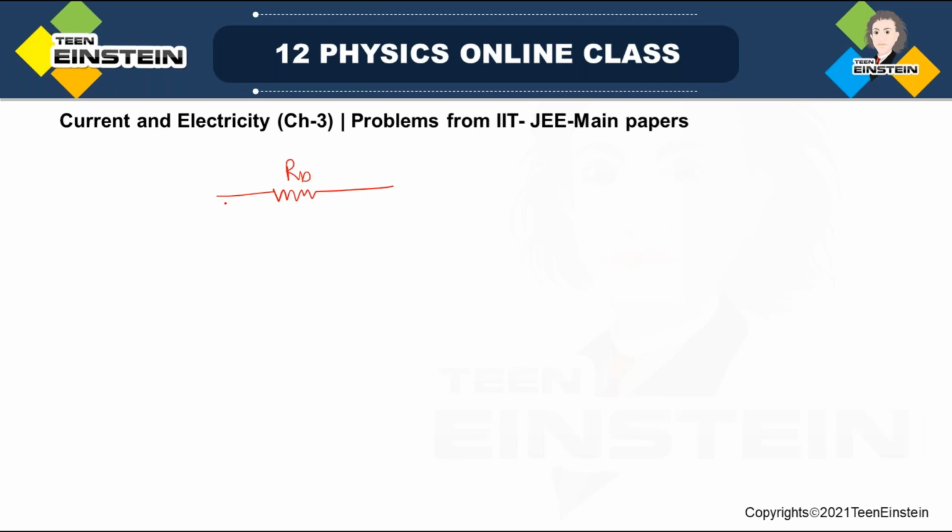This is R bulb, R heater. These are parallel to each other, and along with this you have 6 ohm. This is 240 ohm, as we have seen, and this has 60 ohm, and this is connected to 120 volt.